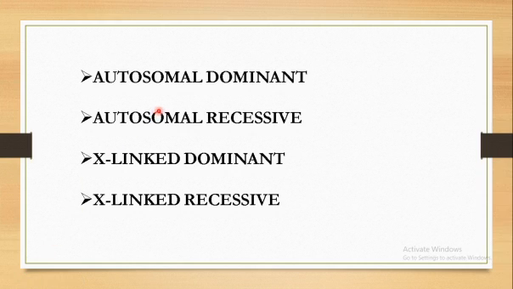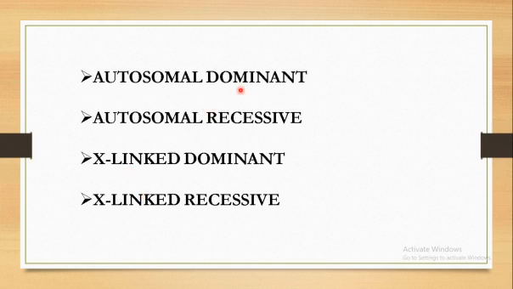Now through pedigrees we can find out whether a particular character is autosomal dominant or autosomal recessive. Autosomal means that the gene for that character is located in one of the autosomes, and if the gene for the character under study is located in the X chromosome, we call it an X-linked trait. X chromosome means one of the sex chromosomes.